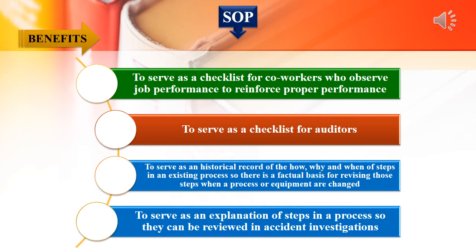SOP serves as an explanation of steps in a process so they can be reviewed in accident investigations. These are all the benefits of preparing an SOP for equipment that is in operation in the pharmaceutical industries.